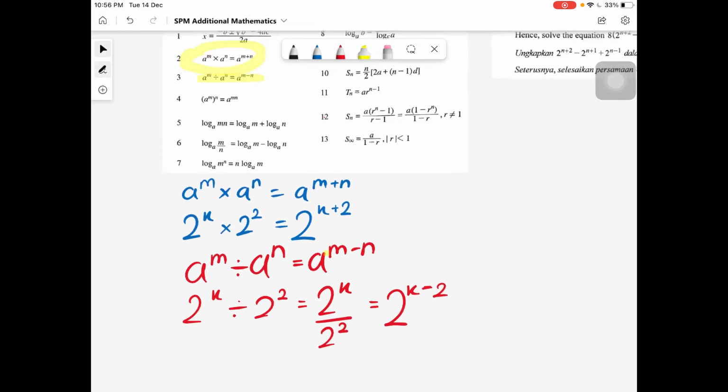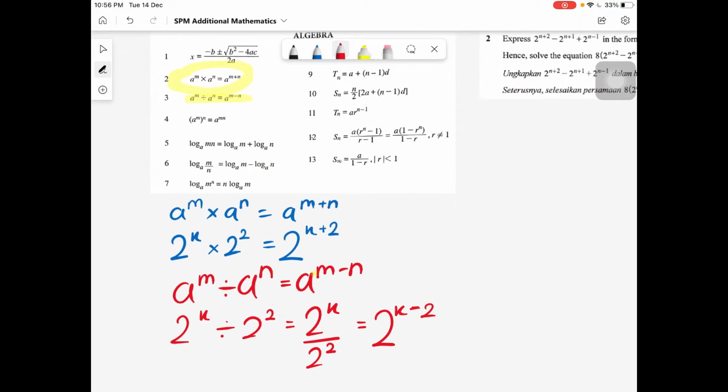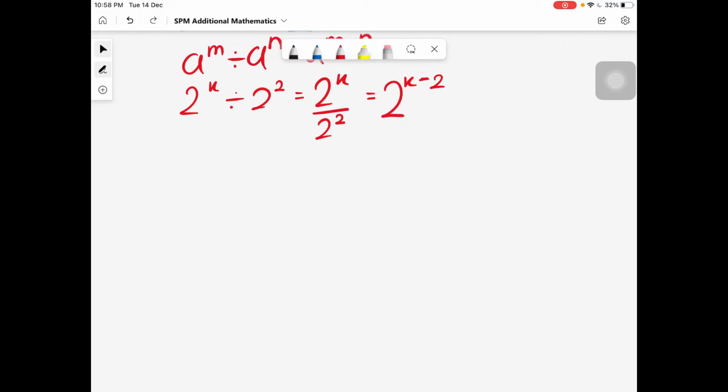Okay, so we have just had a refresher course of our algebra. So referring to the previous question, if I give you 2 power of x divided by 2, what will my identity be? Pause the video for a moment and try it yourself.